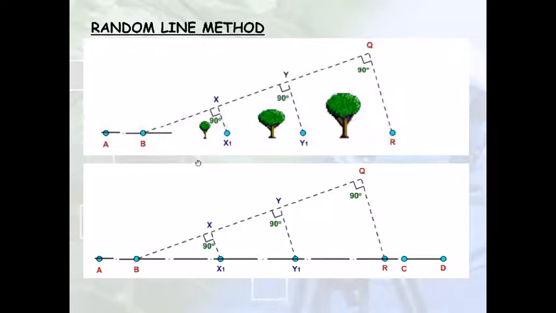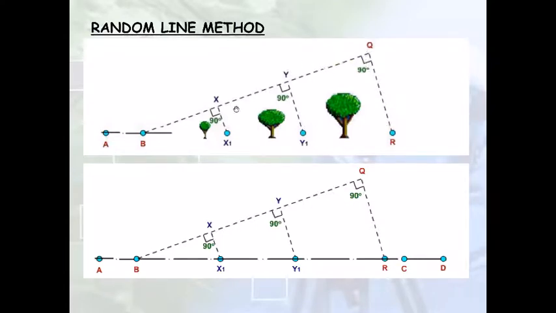But the side that I'm really interested in is finding out this distance XX1. So if I consider again the two triangles, and I take into account this distance XX1, that would mean XX1 divided by BX is equal to QR divided by BQ.